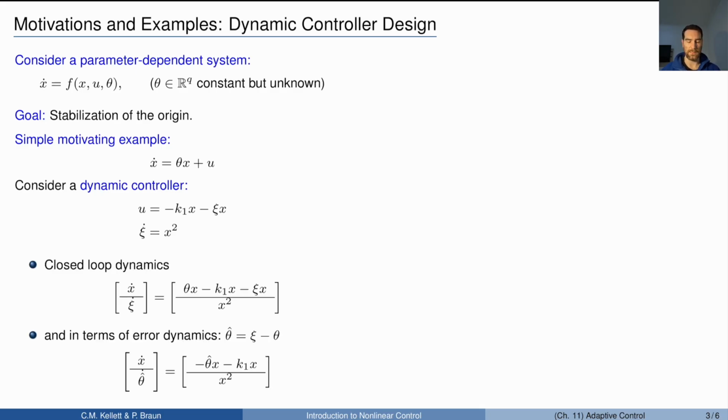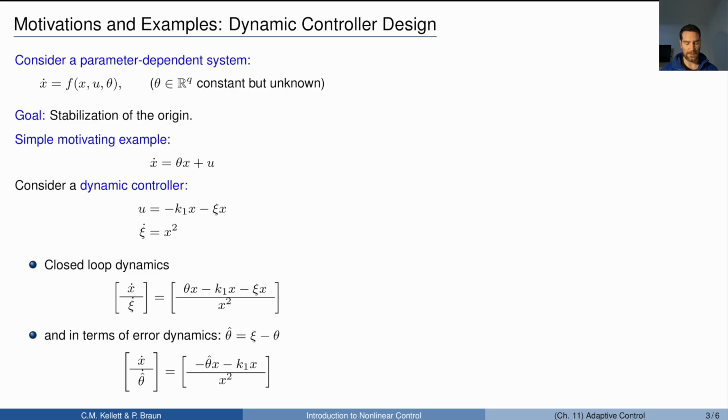To analyze the properties of the overall dynamical system, we can again look at the closed loop dynamics, which now are two-dimensional because we have the additional state of the controller. We can write that in terms of the second component in terms of error dynamics, by looking at theta hat as psi minus theta, so that's the idea of this second component, to estimate the unknown parameter theta through psi.